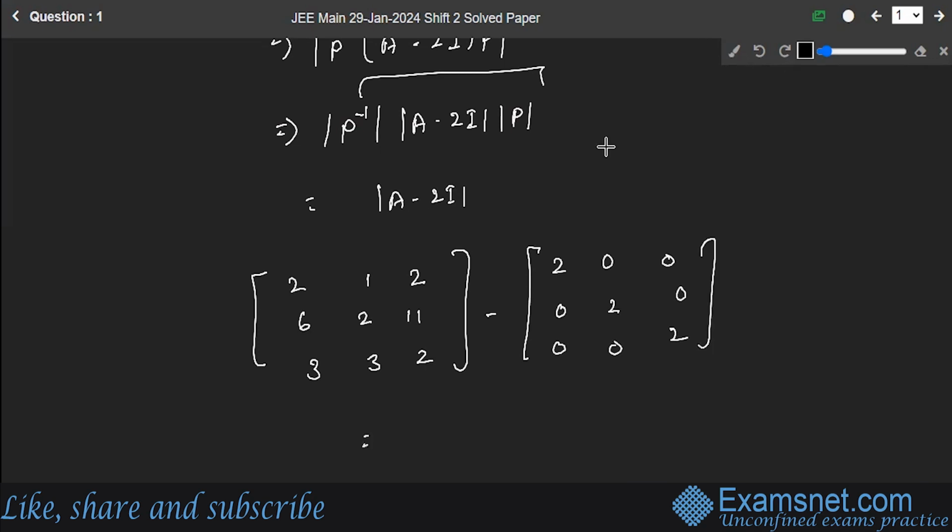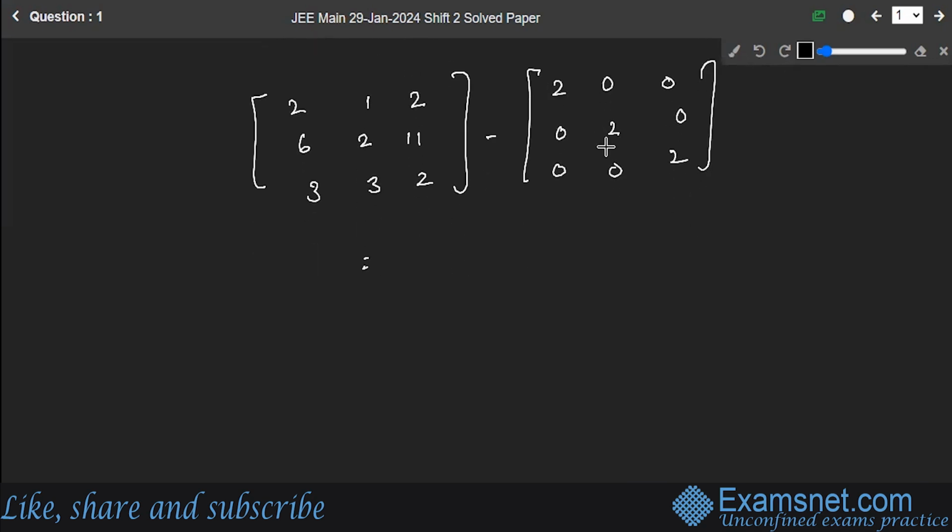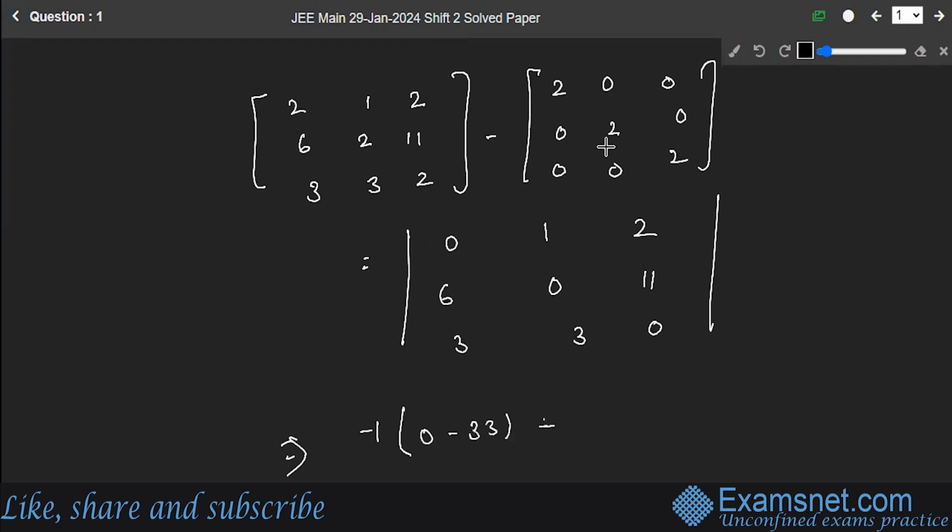So this will be equal to the determinant, right? So this is 0, 1, 2, 6, 0, 11, 3, 3, 0. This will give me minus 1 into (0 minus 33) plus 2 into 18. This will be 33 plus 36, which is equal to 69.